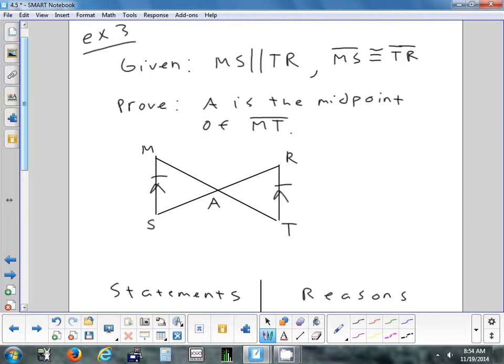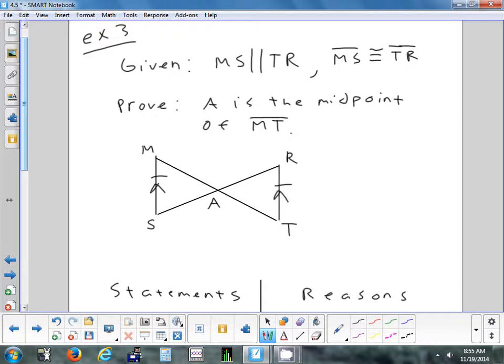So sometimes what I like to do is work backwards from the proof. Okay? If A is the midpoint, what would that mean in that picture? Yeah, M and T. If A is the midpoint of MT, what would that mean? That MA and TA are congruent.